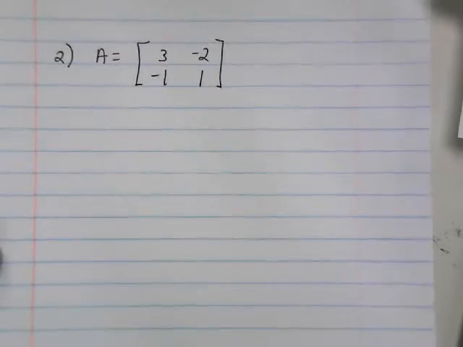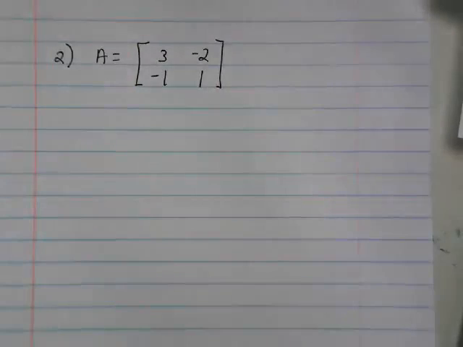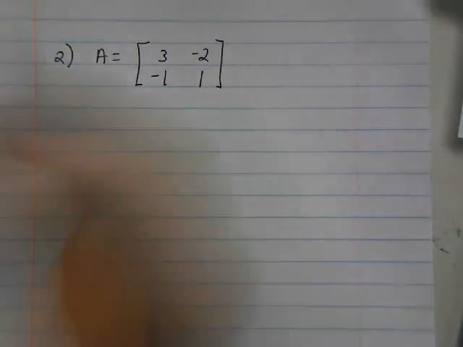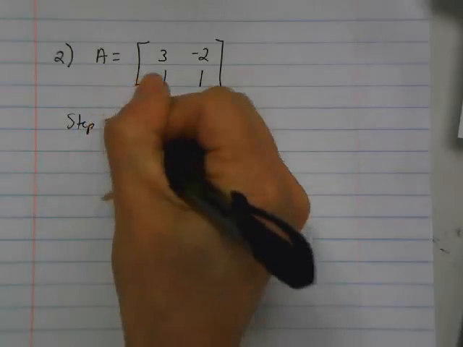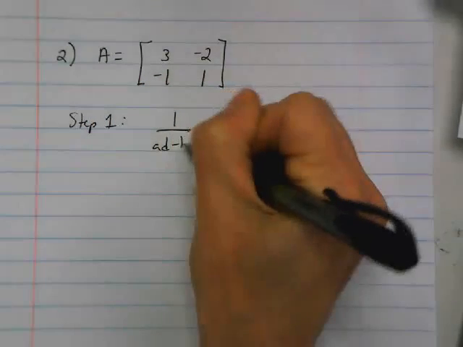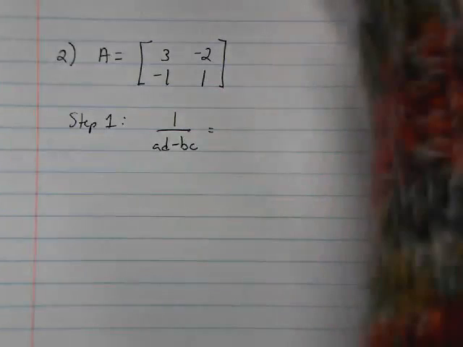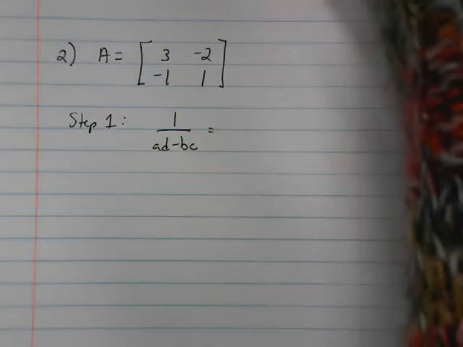Alrighty, so here's my matrix. Step 1, and I'm going to pause and let you do this on your own. I'd like you to go ahead and do 1 over AD minus BC. I'm just going to freeze my screen for just a minute and let you try.